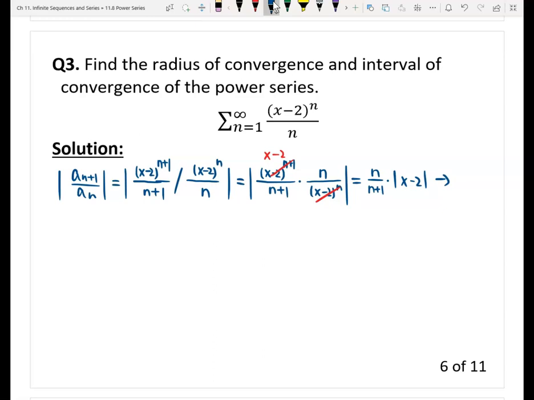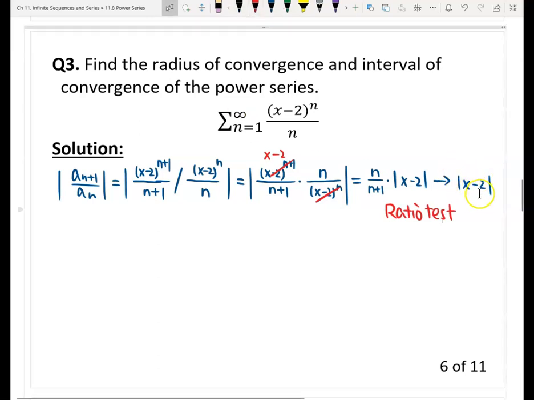Therefore, no matter what x equals, the limit always is the absolute value of x minus 2, right? Now based on the ratio test, remember, if the limit, this absolute value, is less than 1, the series converges.